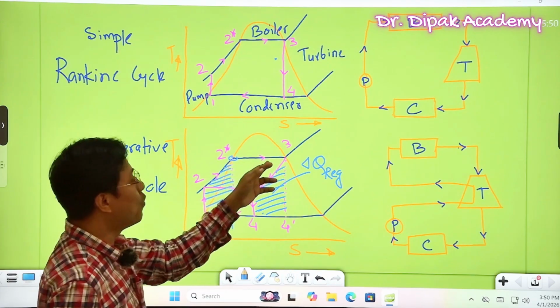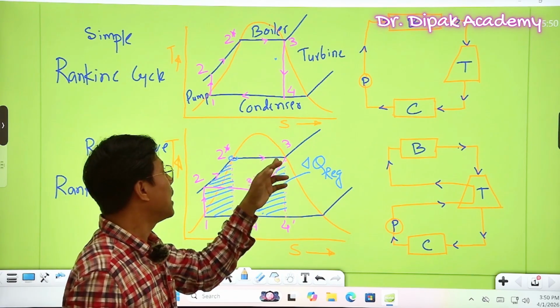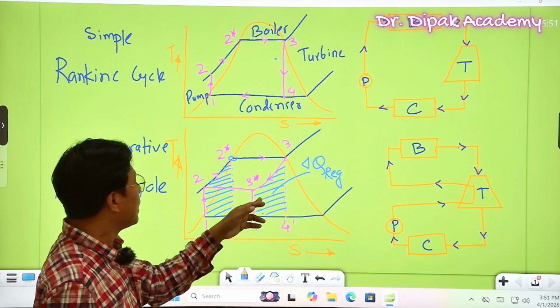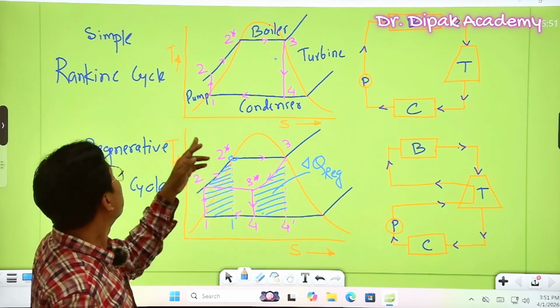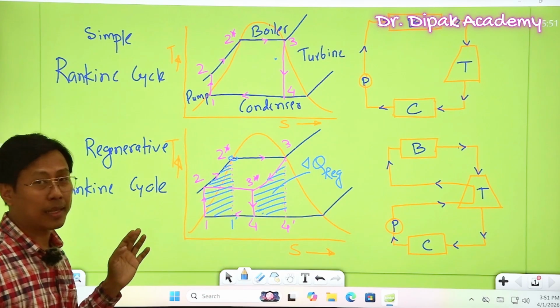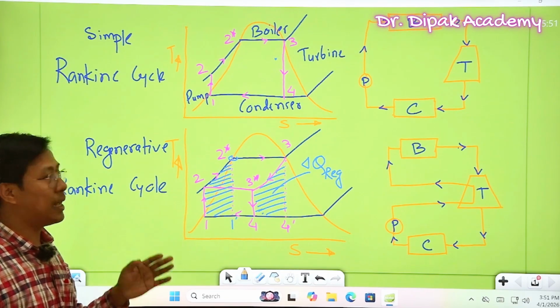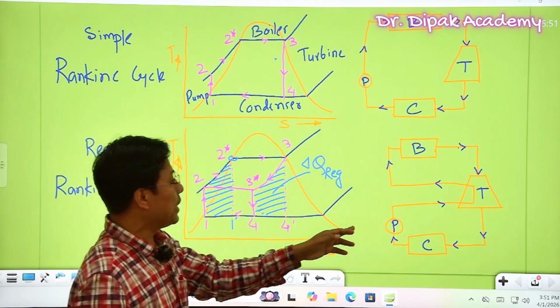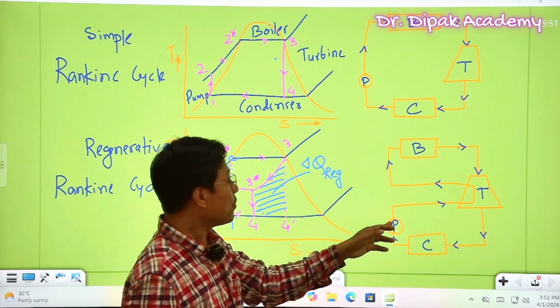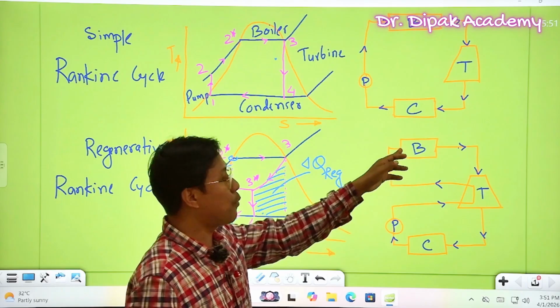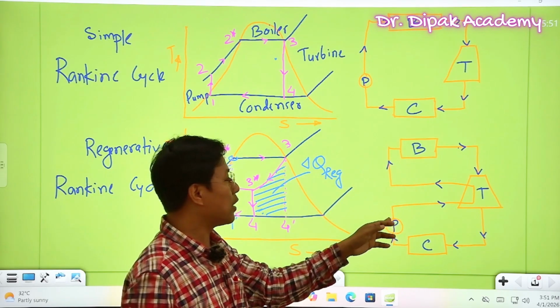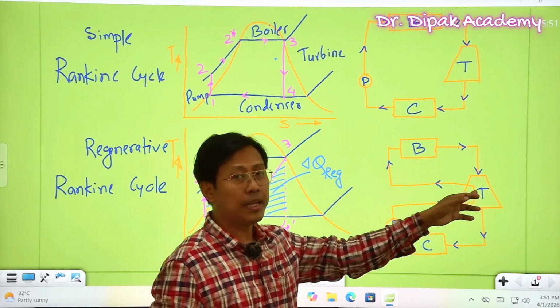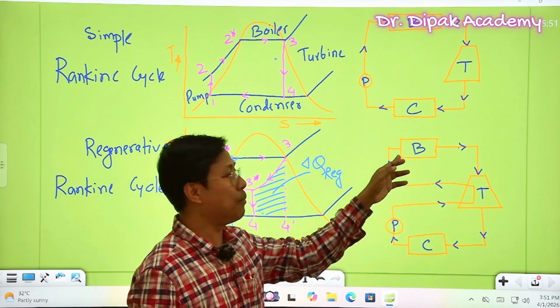So here further evaporation will take place, and then the process will be the same as in the case of simple Rankine cycle. Clear? So here the difference in a regenerative Rankine cycle is that instead of directly going to the boiler, the feed water from the pump will come to the turbine, it will be heated, then it will move to the boiler.